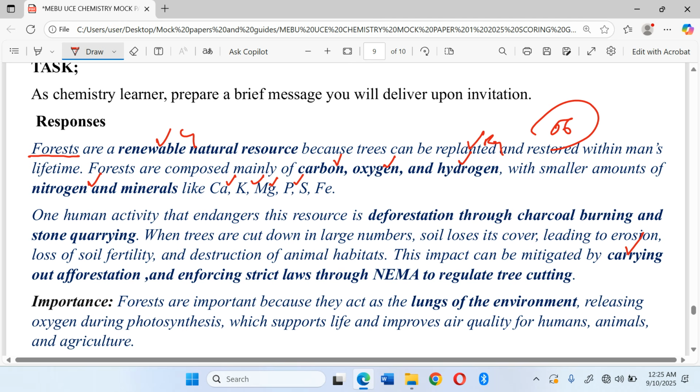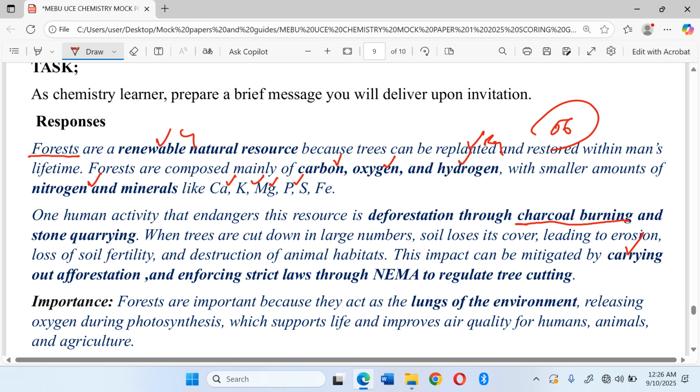So in this case, we have chosen forest, and when we talk about forest, we can't forget about charcoal burning. When we cut trees for charcoal burning, these trees still release some gases, some fumes, into the atmosphere.